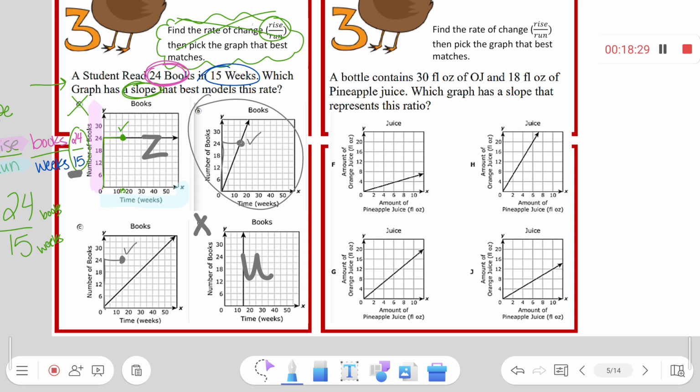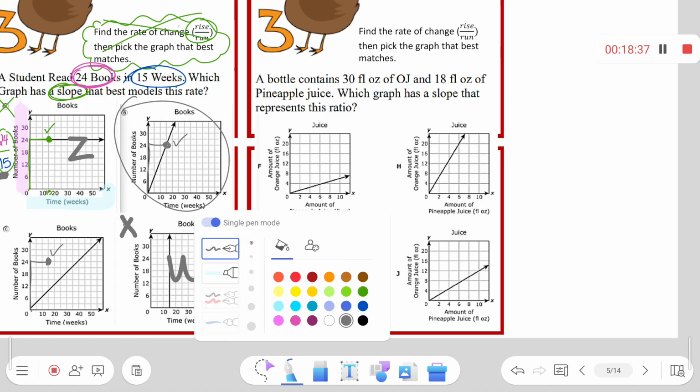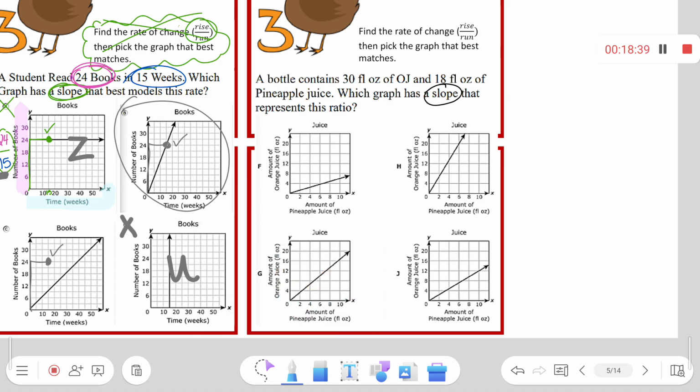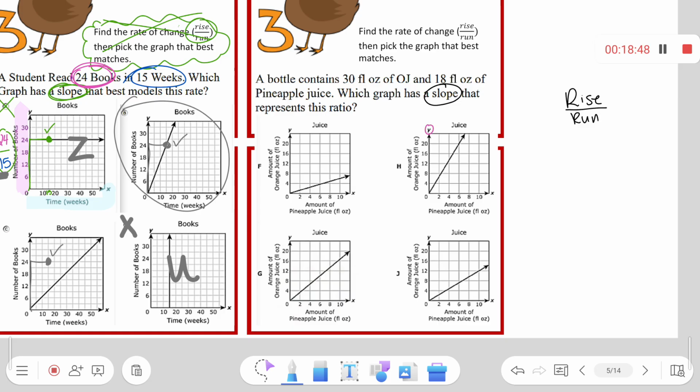Okay, looking at the next French hen problem, we've got a bottle contains 30 fluid ounces of orange juice and 18 of pineapple juice. Which graph has a slope that best represents the ratio? Again, we want slope. That's rise over run. Okay, well, the rise is the stuff that goes up and down. That's orange juice.